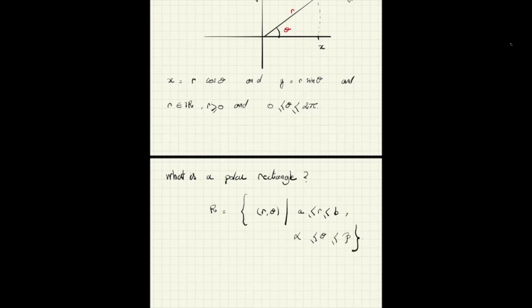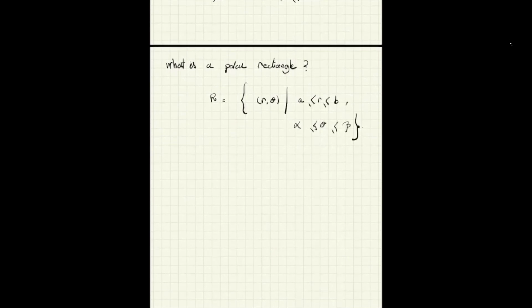So concretely, from this line to this line, theta is between alpha and beta.